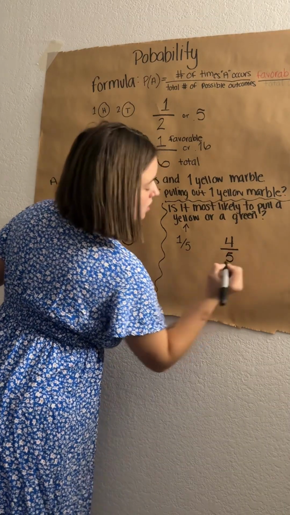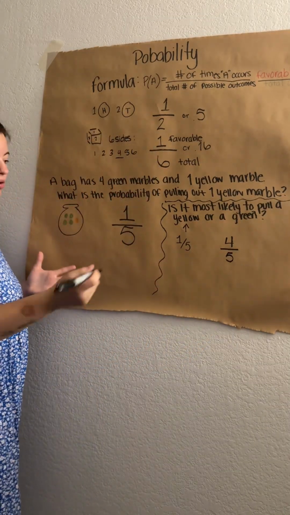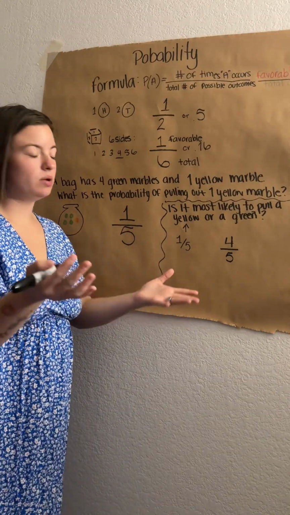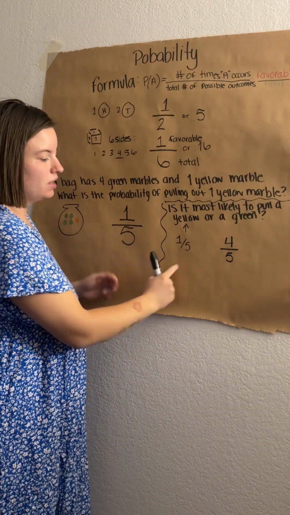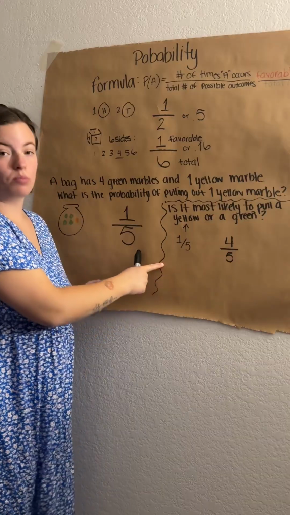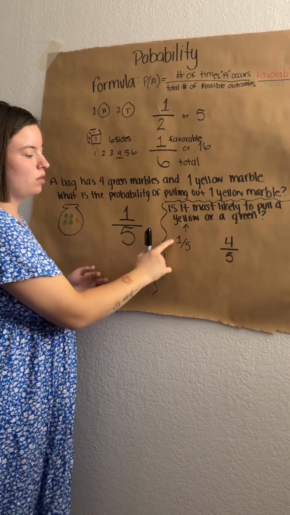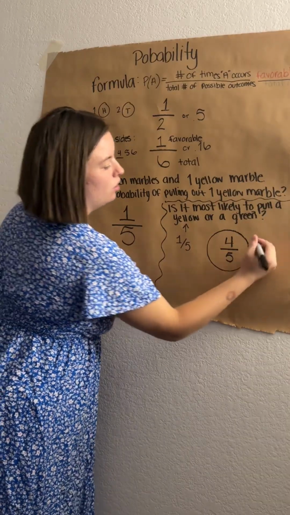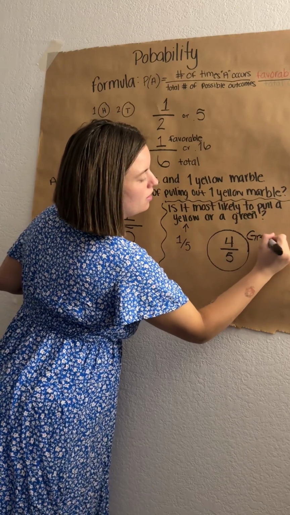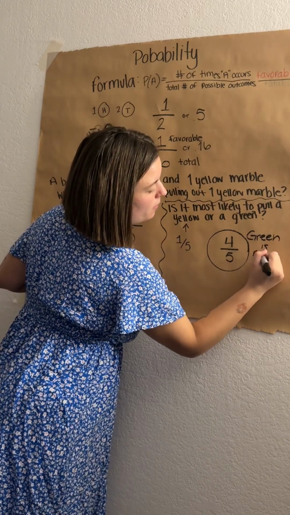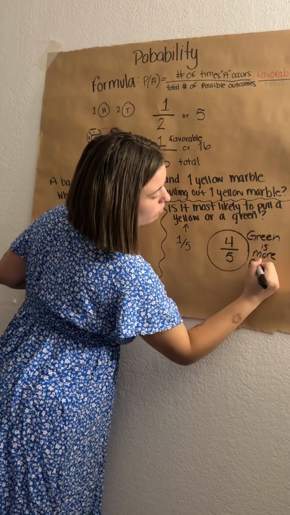As we can see, 4 over 5 is more probable than 1 over 5. So we would say green is more probable.